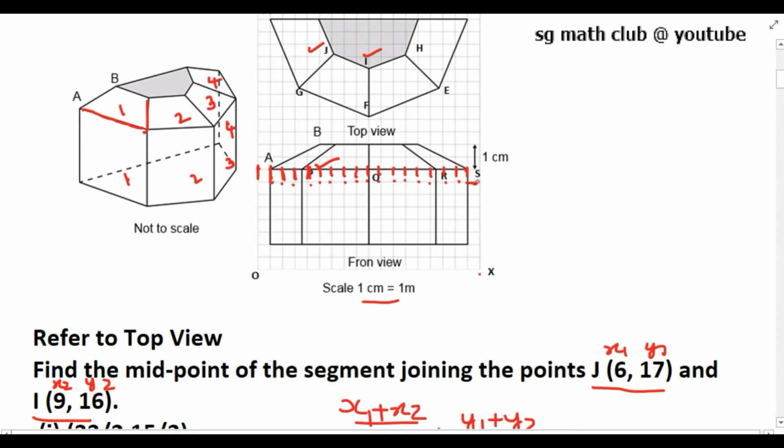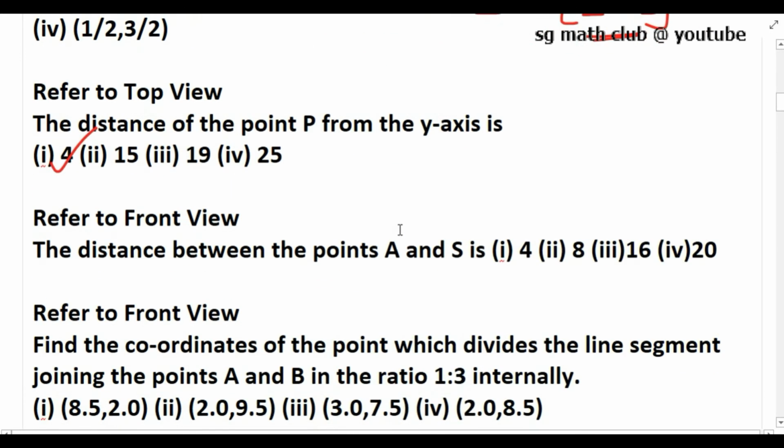So S is here, 16. Otherwise you can find out the coordinates of A and S, then find the distance between A and S using the distance formula also. Here I have counted the divisions, so I got the answer as 16. The distance between points A and S is 16.